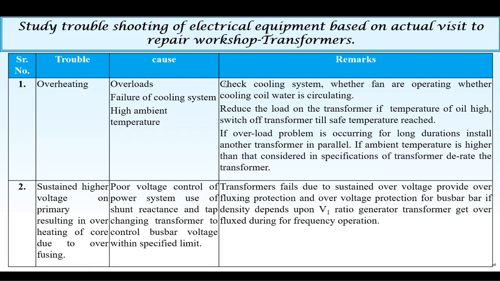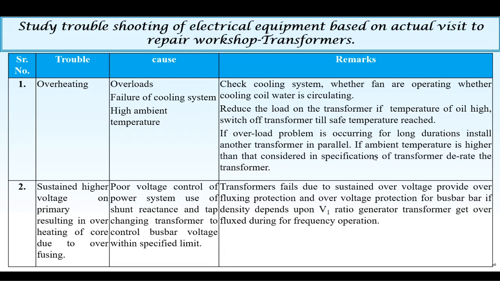Now first trouble is overheating of transformer. So overheating, what are the causes? First one is overloads, then failure of cooling system, high ambient temperature, and for this purpose we have to check cooling system, whether fans are operating, whether cooling coil water is circulating.